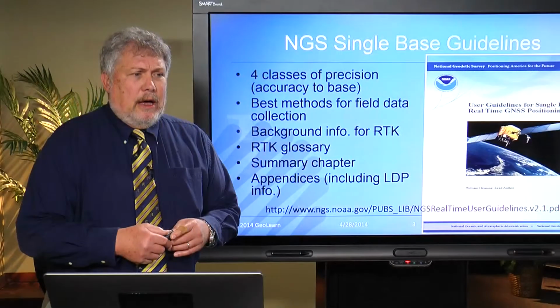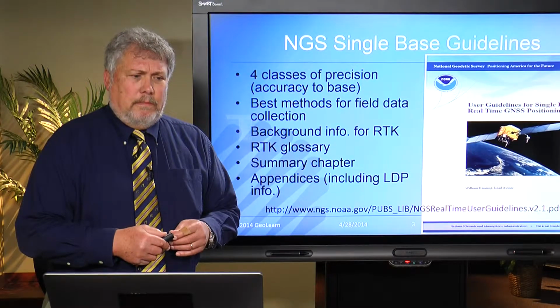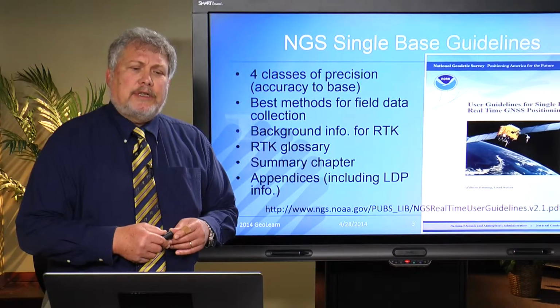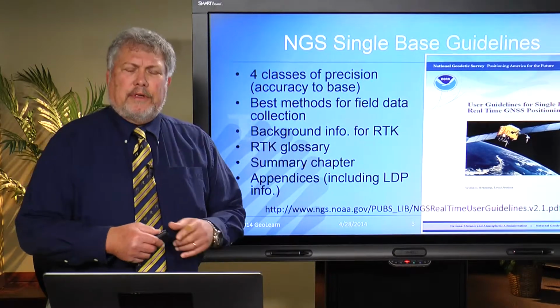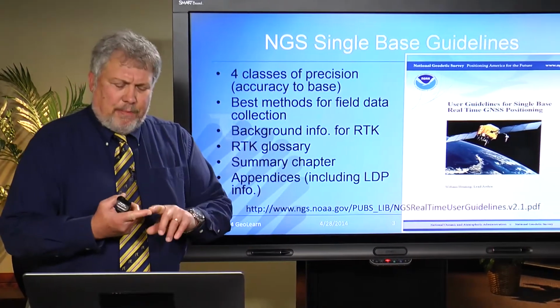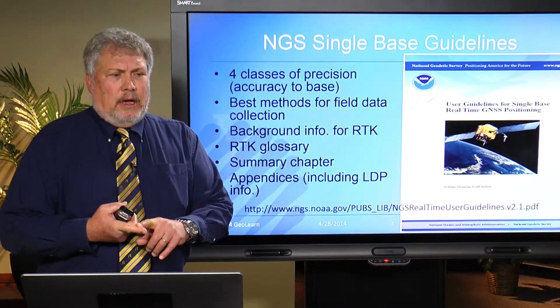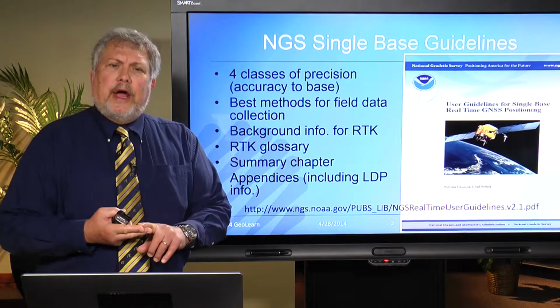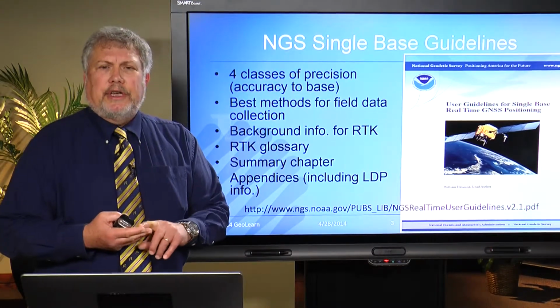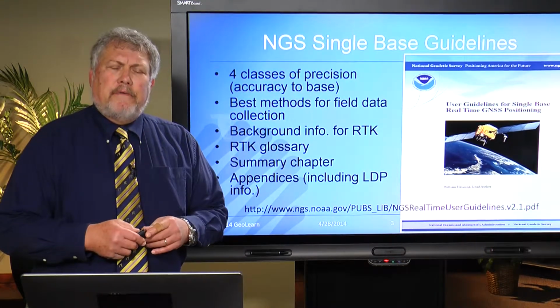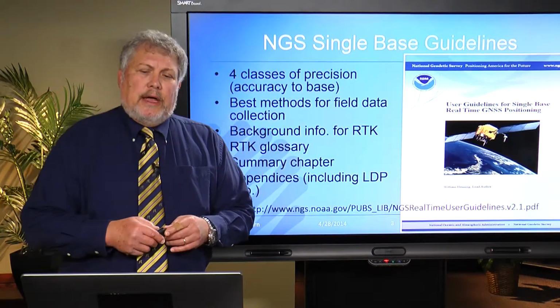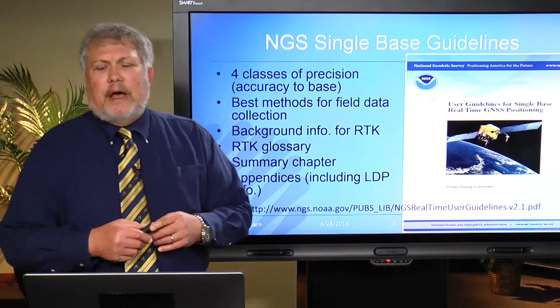I think they're still one of the only documents that will actually give you all the background of real-time positioning, as well as actually providing 4 different precision classes when following certain criteria to produce accuracies at the 95% confidence level. So I hope that you have downloaded that document.